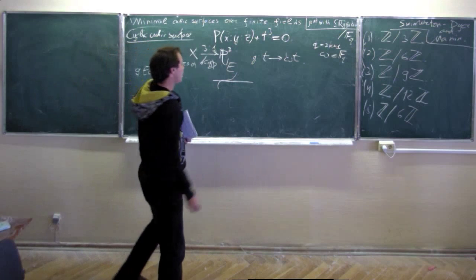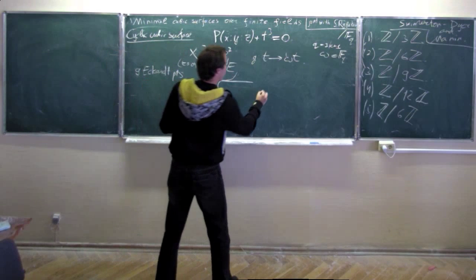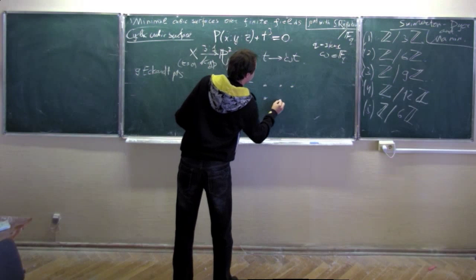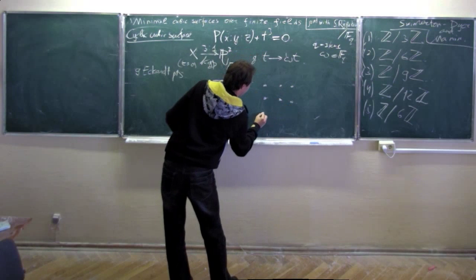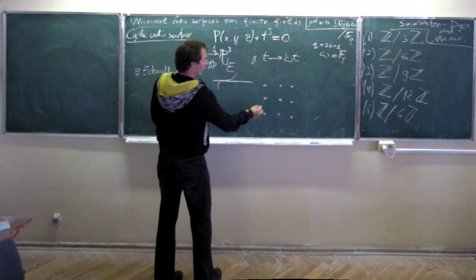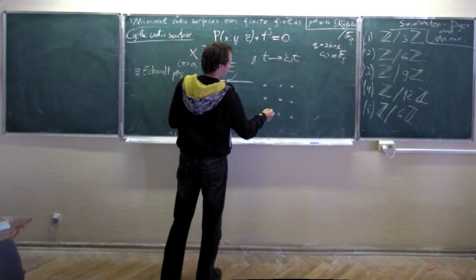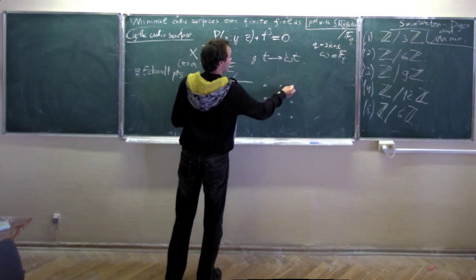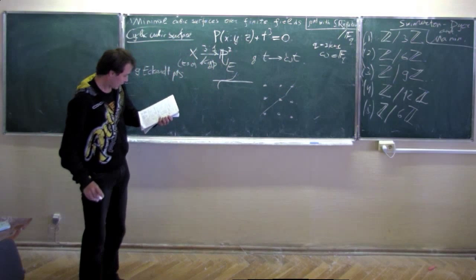Well, the 9 inflection points on this curve form something like an affine plane over a field of 3 elements. That means that if we draw a line through a pair of points, then one other point lies on this line. Let's consider these lines.